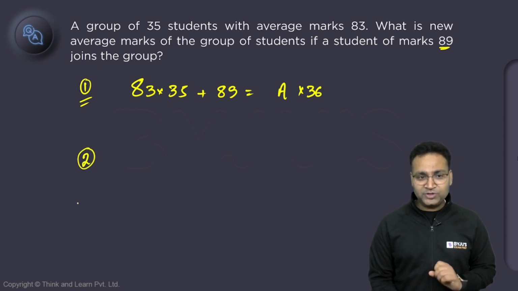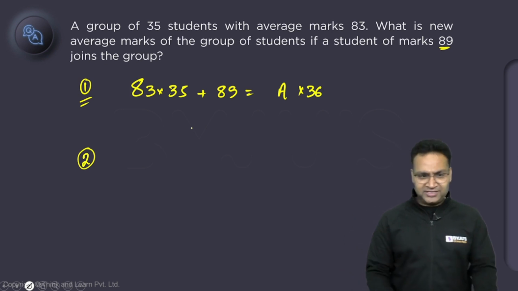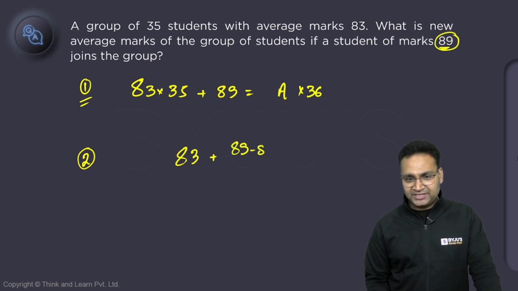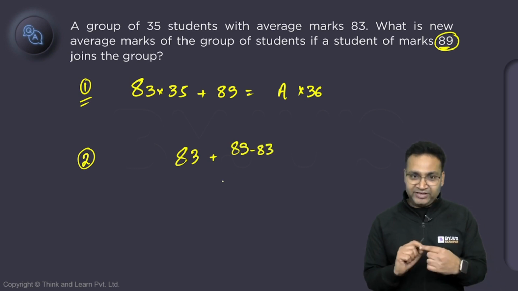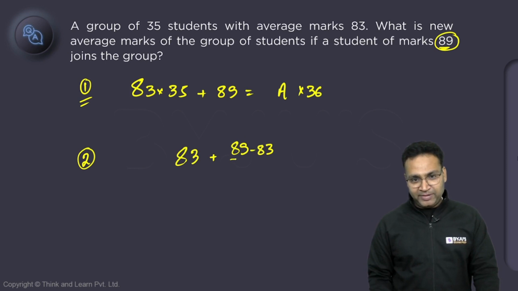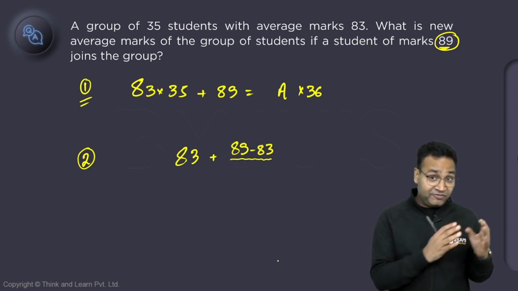Now, let me show you another method. You know that initial average is 83. So initial average is 83, plus, if this person is joining the class, what is the deviation? 89 minus 83. Clear? Divide by, tell me after joining how many people are there? 35 was there.